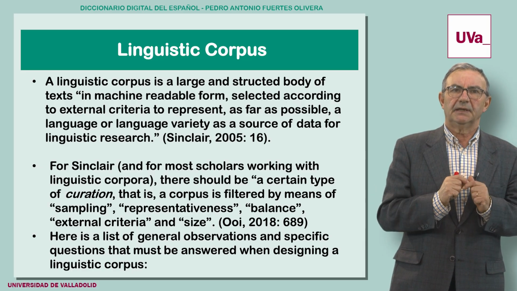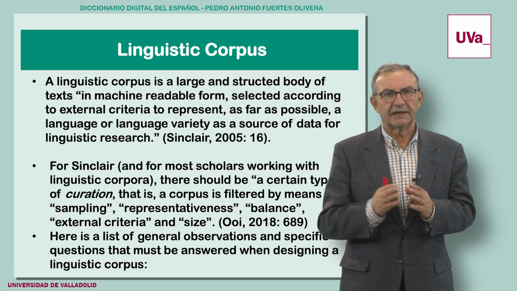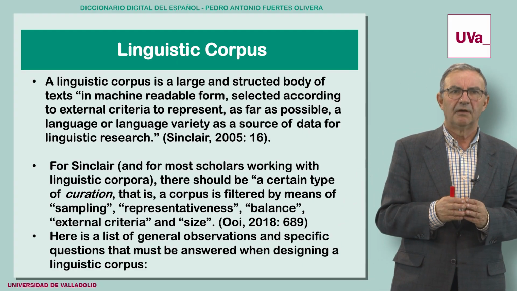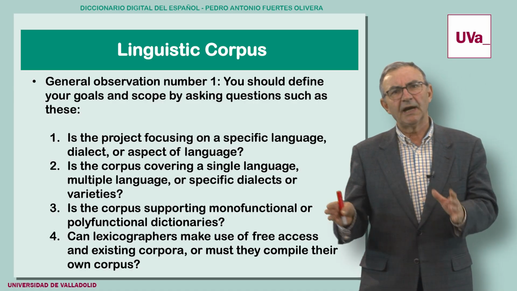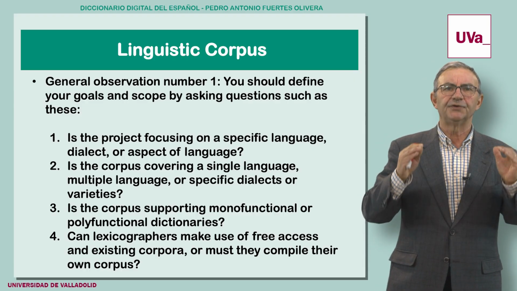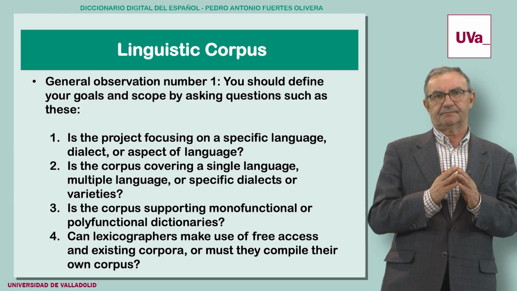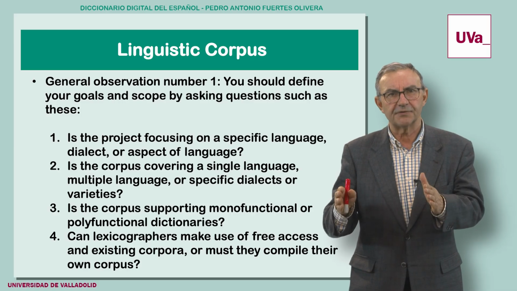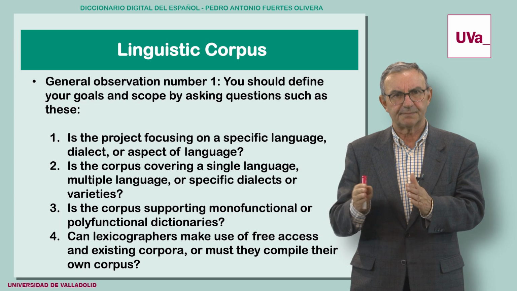Here is a list of general observations and specific questions that must be answered when designing a linguistic corpus for lexicographic use. General observation number 1. You should define your goals and scope asking questions such as this. A. Is the project focusing on a specific language, dialect, or aspect of language?